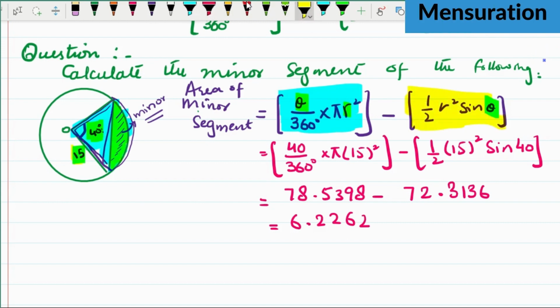So we need to subtract them. We will subtract the area of the triangle from the area of the pizza slice, and whatever remaining portion comes, that is the area of a minor segment. So this is how we can easily calculate the area of a minor segment.